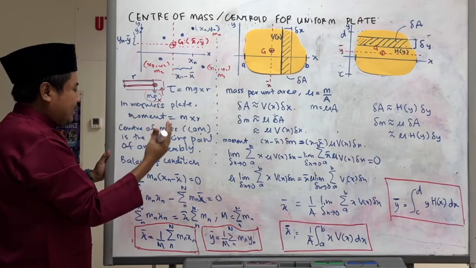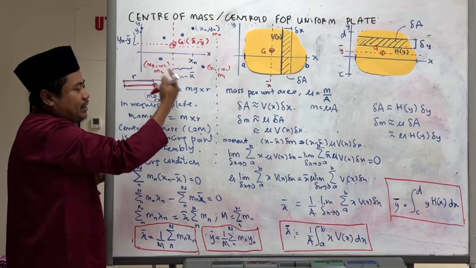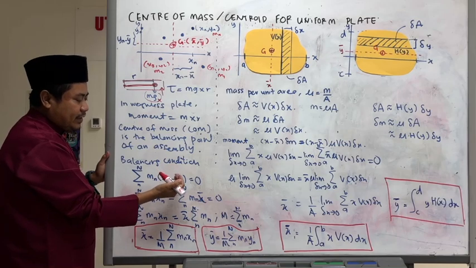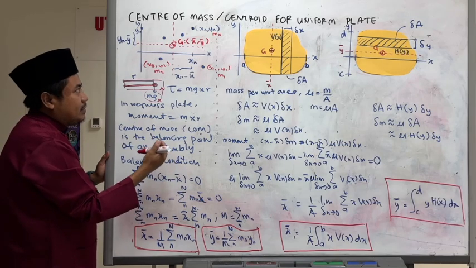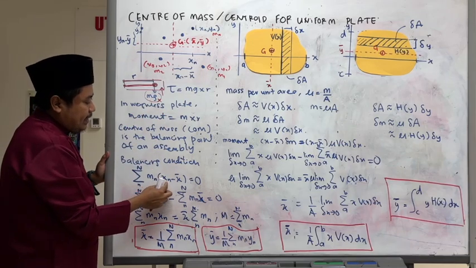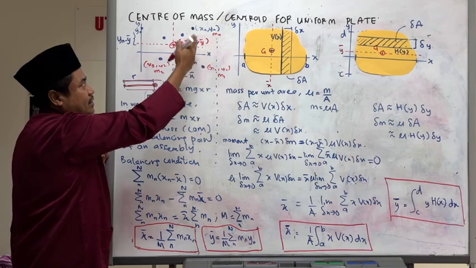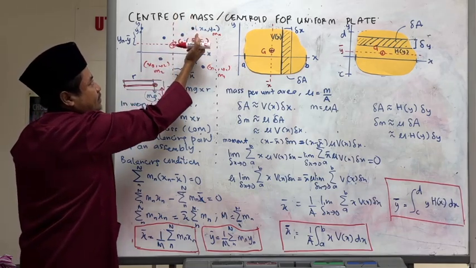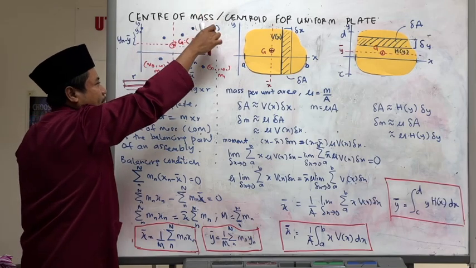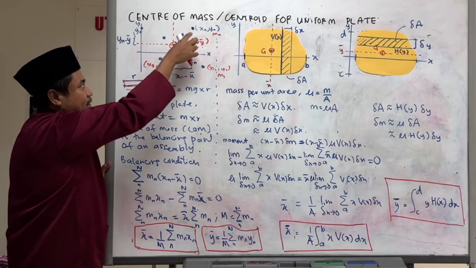So we have to calculate the moment for each particle. The moment is the mass times the distance from the center of mass, or center of the system. The distance is xn minus x bar, considering the x-axis first. Times the mass of the particle, that is the moment for one particle.